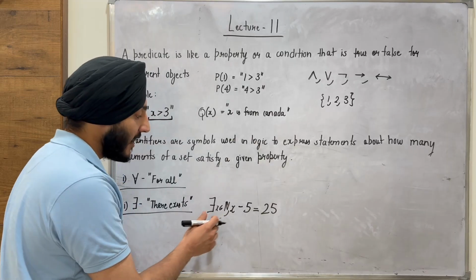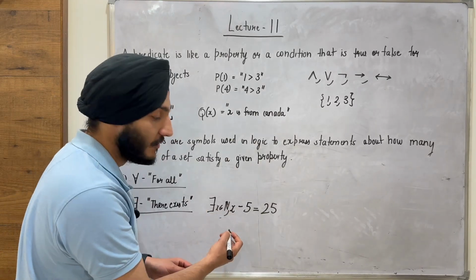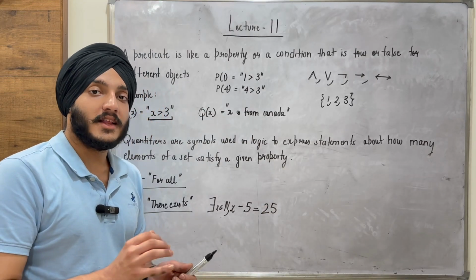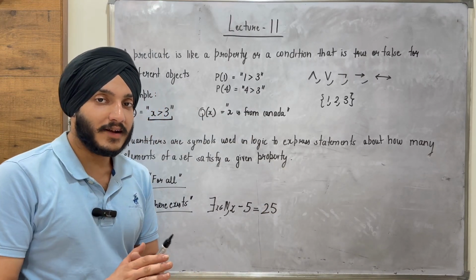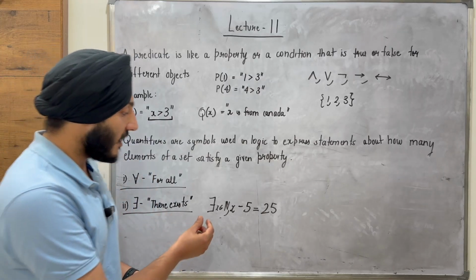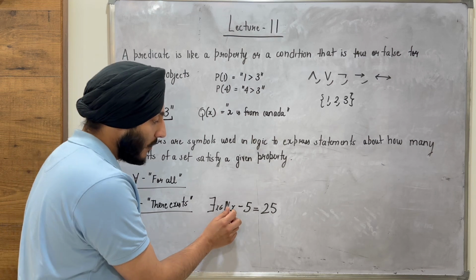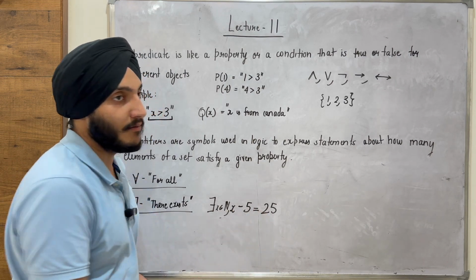I'm saying there exists a value x, which is an element of the natural numbers, such that x minus 5 is equal to 25. If you try to understand it in very simple words, I'm saying there is a certain value x in the set of natural numbers such that if I do x minus 5, it is equal to 25.